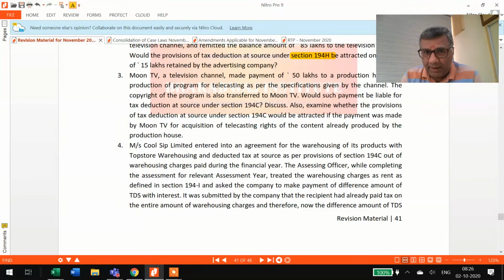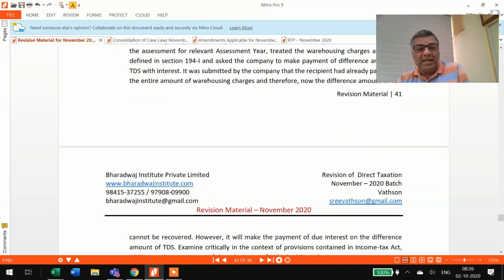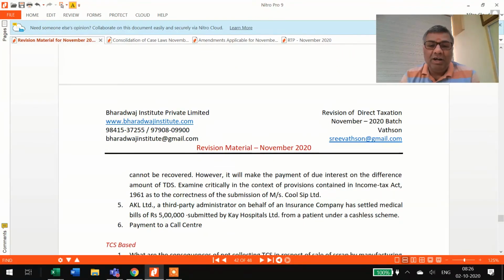It was submitted by the company that the recipient has already paid the tax on the entire amount of warehousing charges, and therefore the different amount of TDS cannot be recovered. However, it will make the payment of due interest on the different amount of TDS. Examine critically in the context of the provisions contained as to the correctness of the submission of the company.